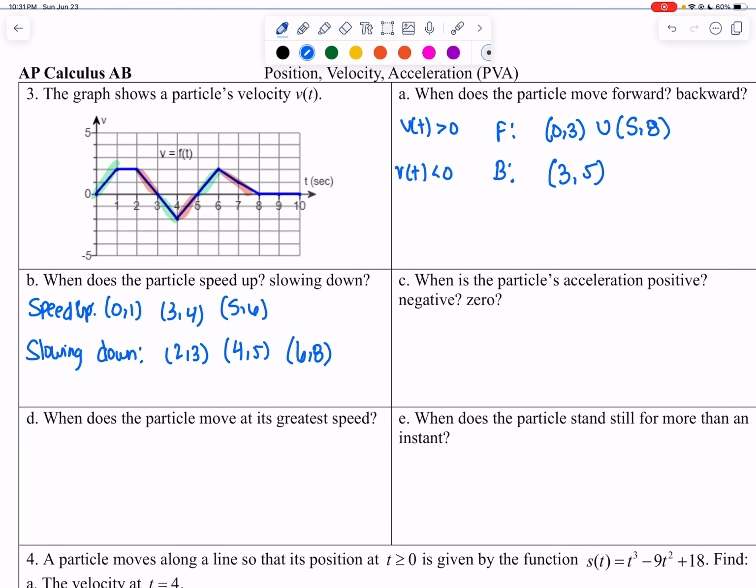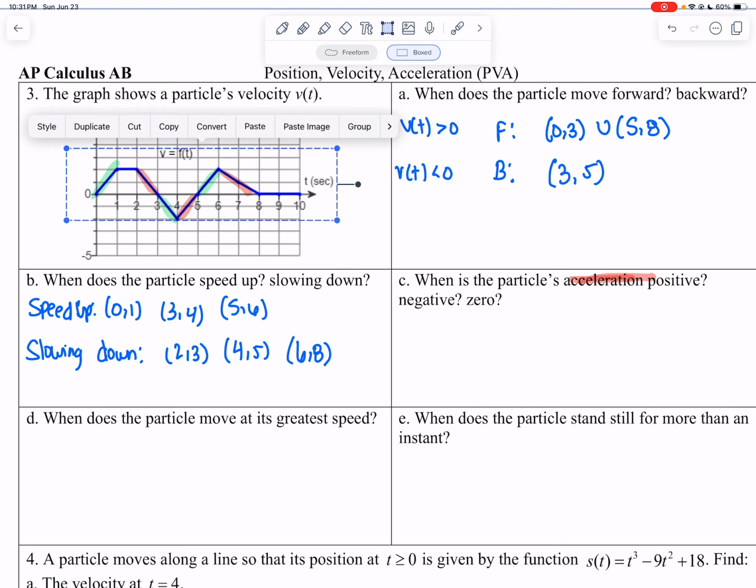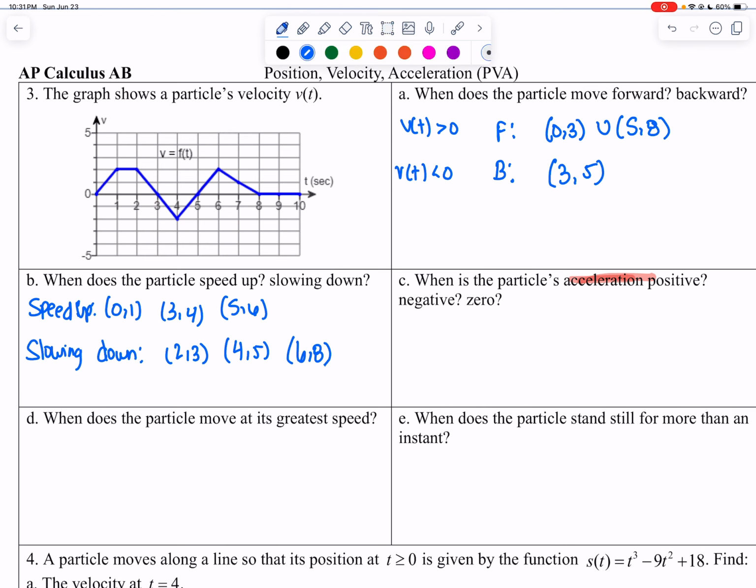Part C says, when is the particle's acceleration positive? So when is my slope positive, and when is my slope negative, and when is my slope 0? Because we're talking about acceleration here. So whenever we're looking at this, I know that I am positive here and here.